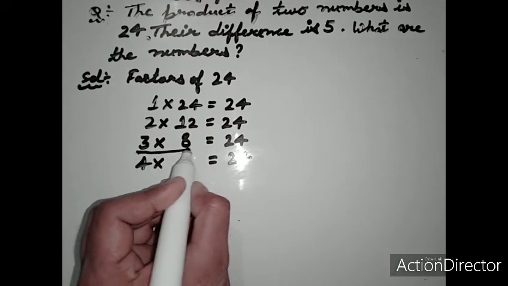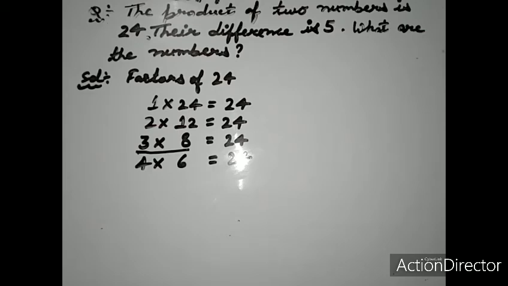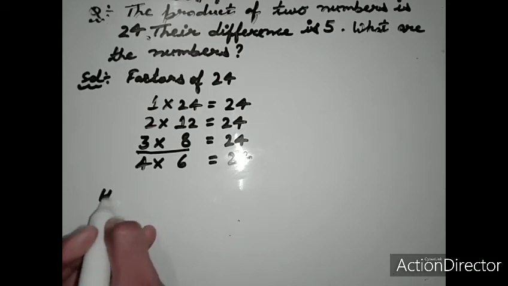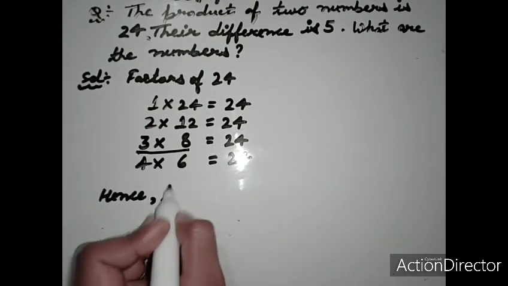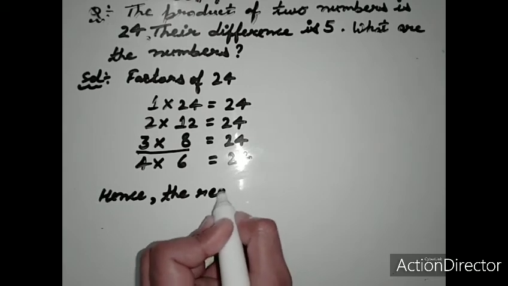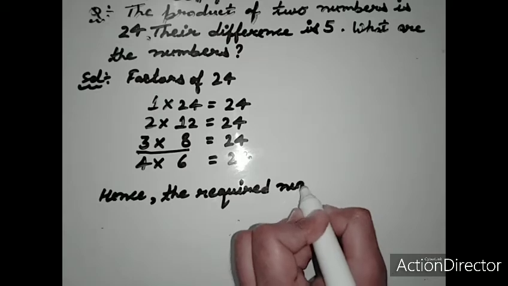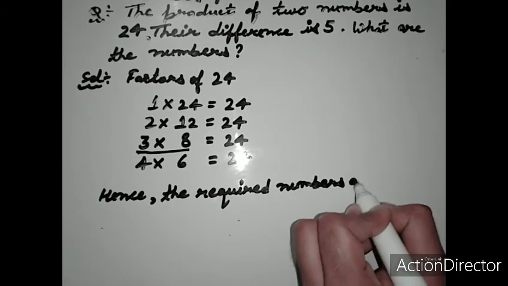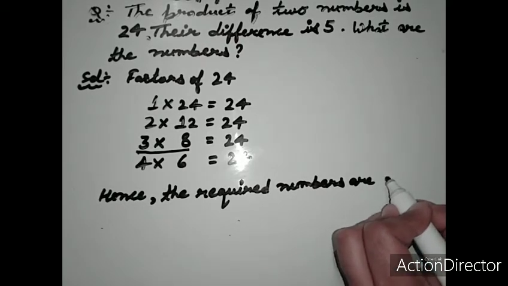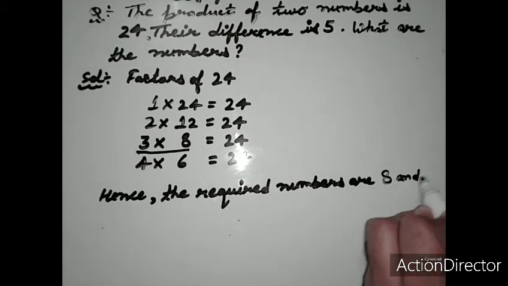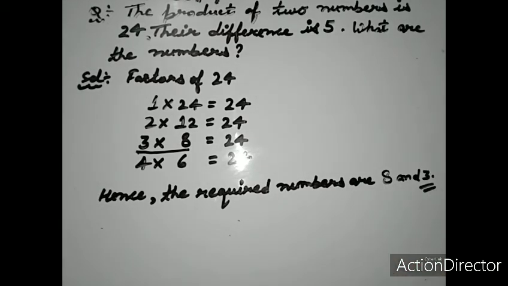These are the numbers 3 and 8, which subtracted from each other give a difference of 5. So here we write, hence the required numbers are 8 and 3. Dear students, by using this method you can also find numbers in the other questions.